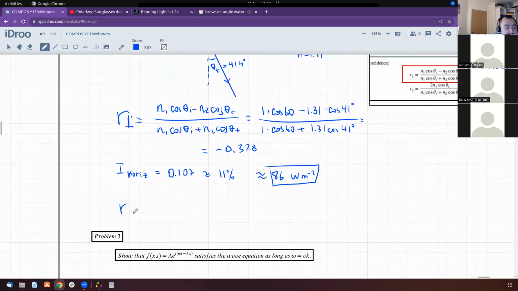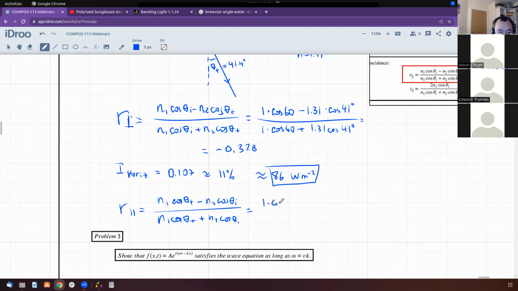Now, the reflected light for parallel is going to be N1 cos theta t minus N2 cos theta i, divided by N1 cos theta t plus N2 cos theta i. So it's just like Snell's law, just a little bit more complicated.